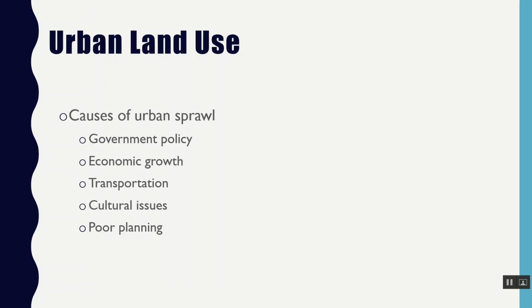So, causes of urban sprawl, causes of those cities to spread out like that. Part of it is government policy. San Diego currently has a smart growth policy that is supposed to prevent this from happening anymore. Part of it is economic growth as businesses come in.